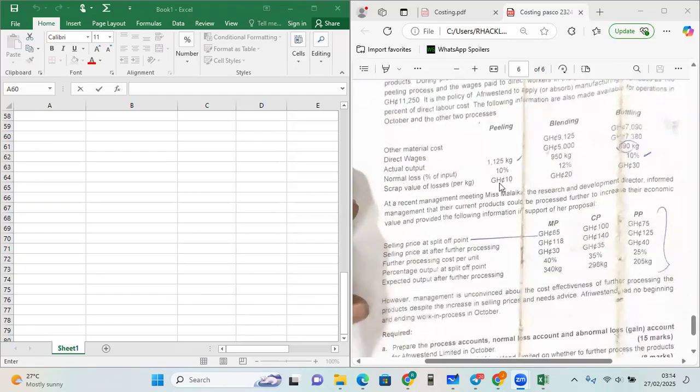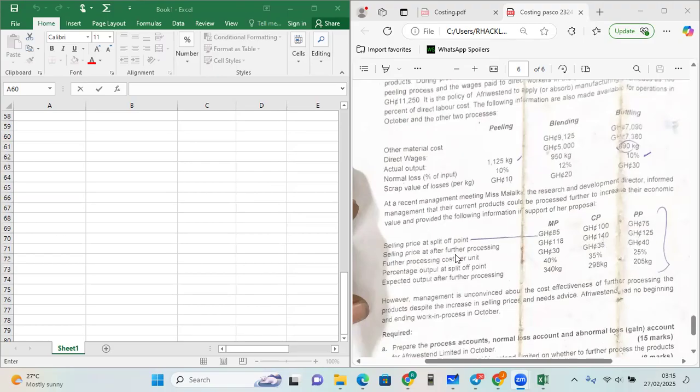At a recent management meeting, Ms. Malaika, the Research and Development Director, informed management that their current products could be processed further to increase their economic value, and provided the following information. Selling price at split: 85, 100, 75. Selling price after further processing: 118, 140, 125.